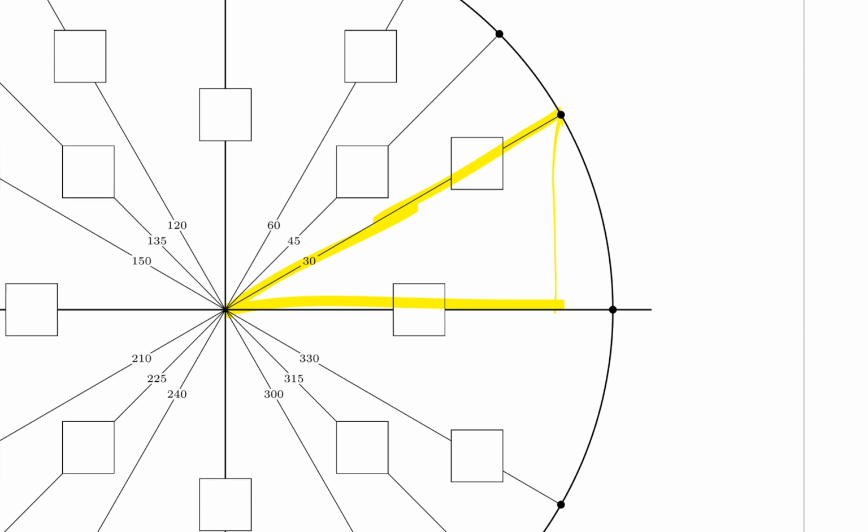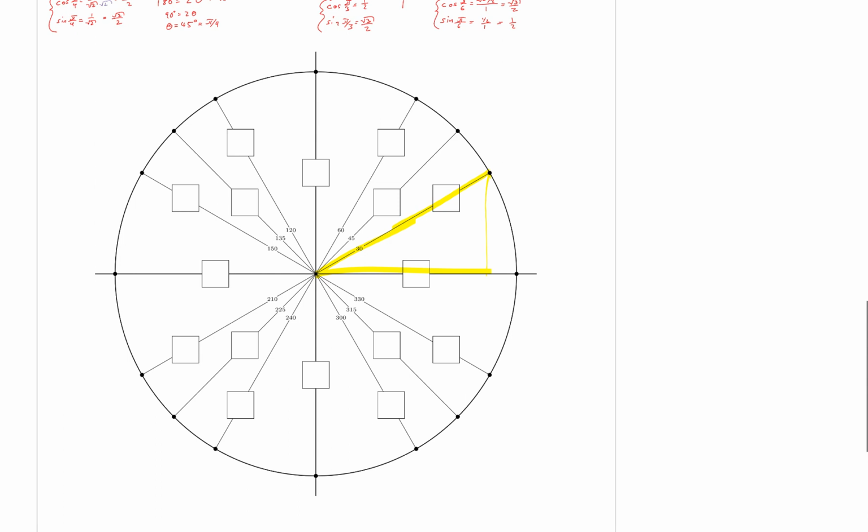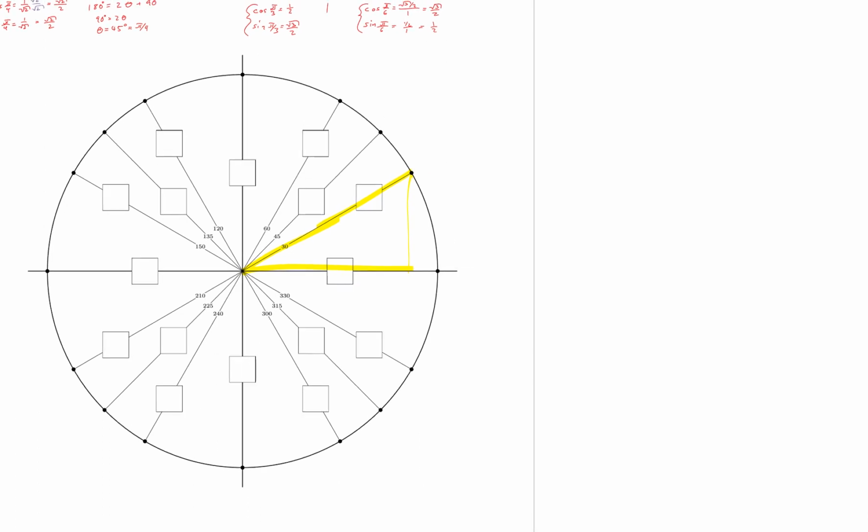Now we're going to place an x and y axis like so. So here's our x-axis, there's the y-axis. So note that the origin of our coordinate system correlates with the origin of our circle.